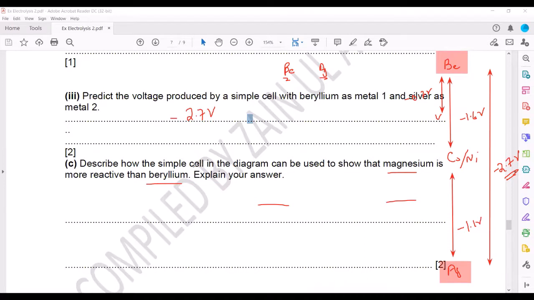So how can we work out whether magnesium is more reactive than beryllium? We will use one electrode made of magnesium, as the metal 1 electrode, and the second electrode made of beryllium.